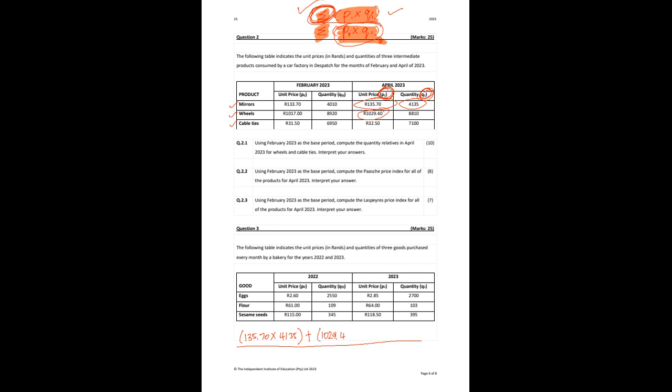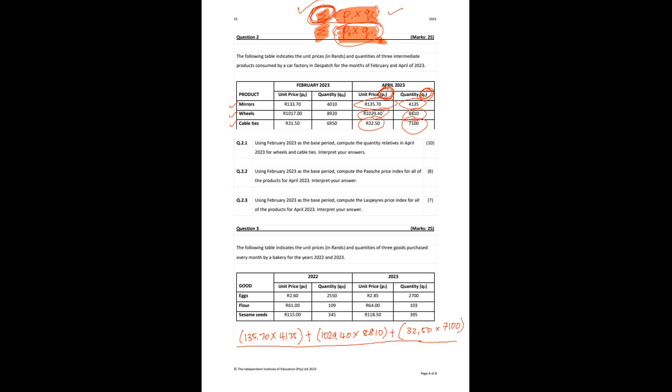And then you're going to add on the last item. The price P1 is 32.5 times 71.